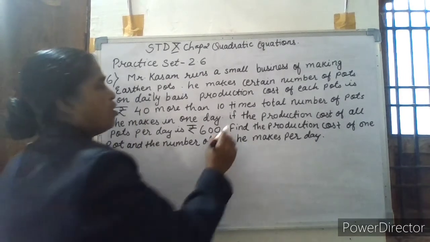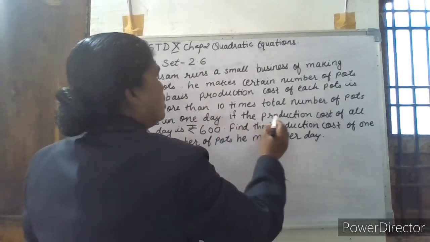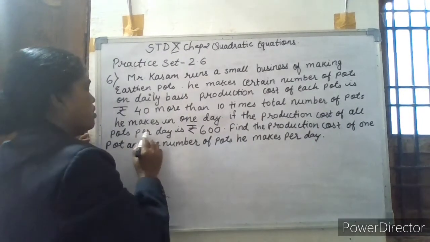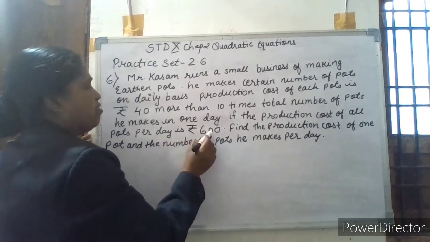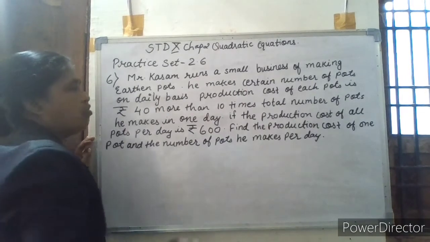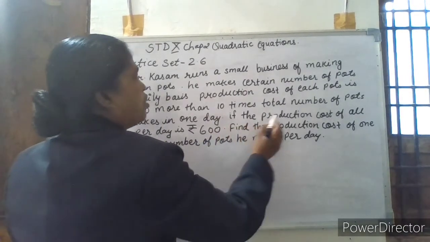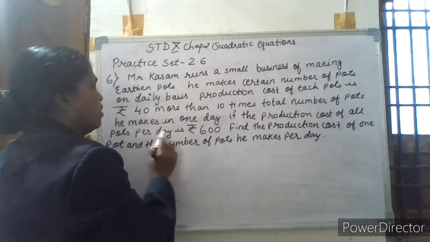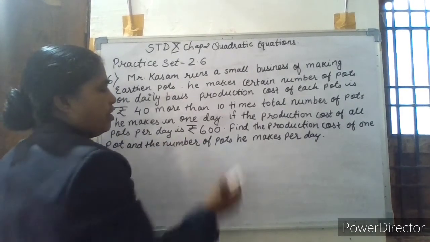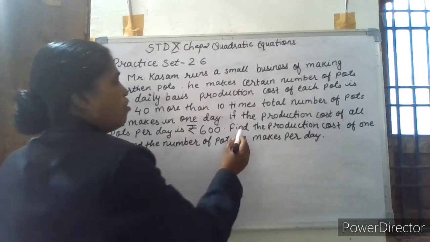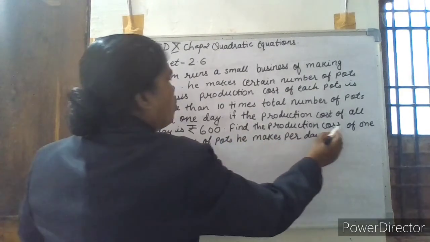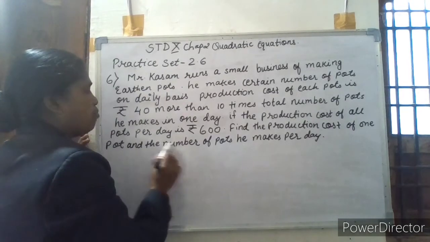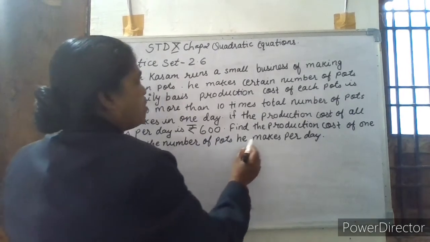If the production cost of all the pots per day is rupees 600, then find the production cost of one pot and the number of pots he makes per day.